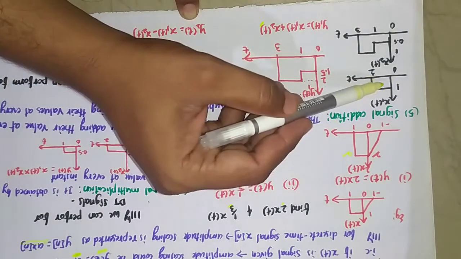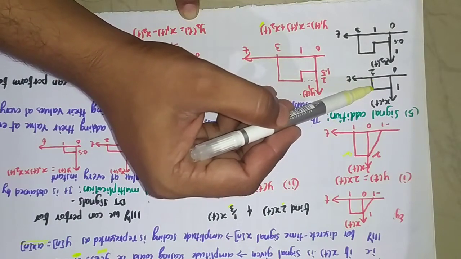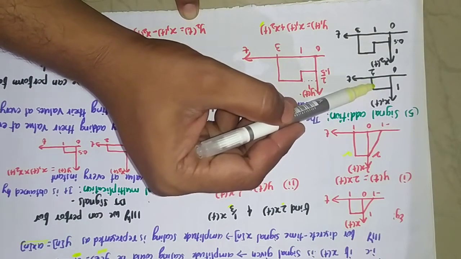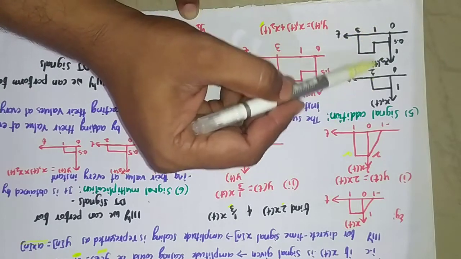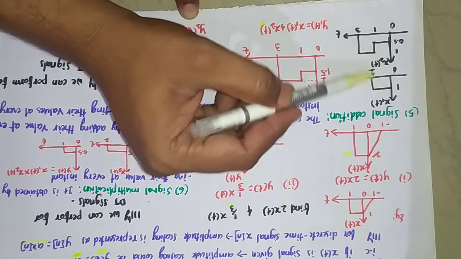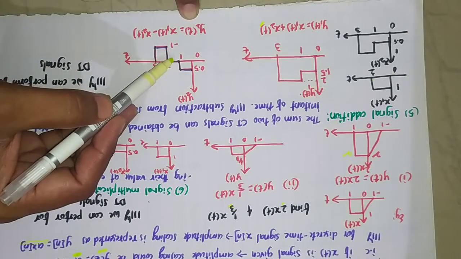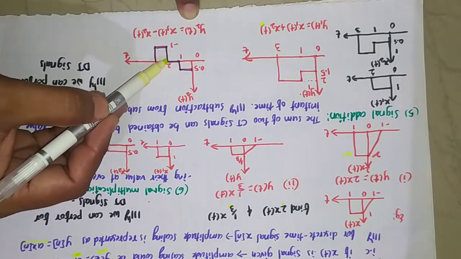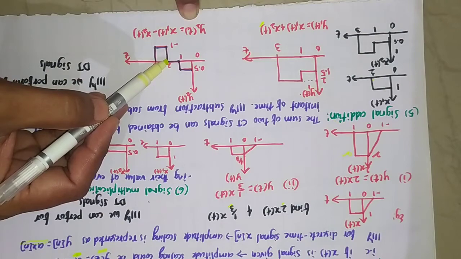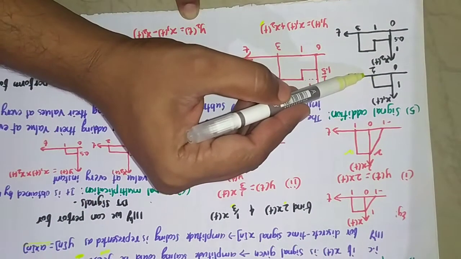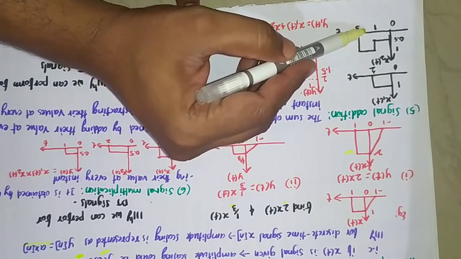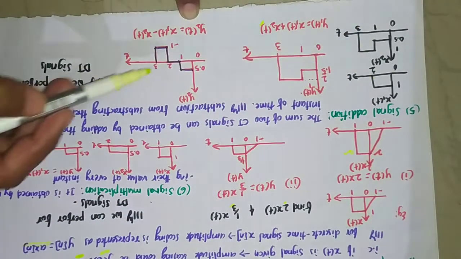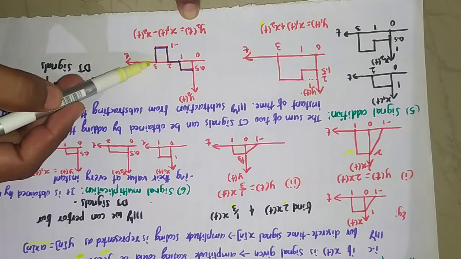Okay, from 1 to 2, these are the intervals of time. From 1 to 2 x1 of t is 1 and from 1 to 2 x2 of t is also 1. So both the 1 and 1 are there, so both amplitudes will cancel. So y2 of t will be 0 from 1 to 2. Okay, next from 2 to 3 x1 is 0, but x2 of t is 1, so it will be -1 from 2 to 3.